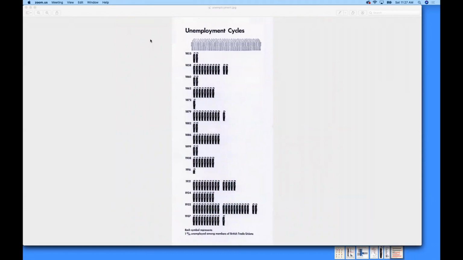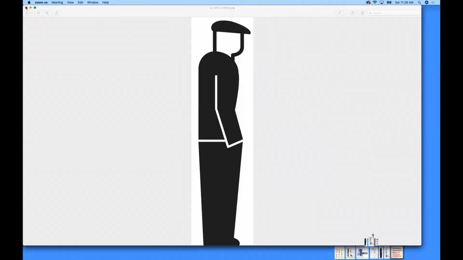The Isotype core team, which was Otto Neurath, Marie Reidemeister, who later became Marie Neurath, and Gerd himself, helped the reader to add up the numbers more easily by arranging them into groups of 10. Just look at that slouching figure of a depressed worker. It's very simple, but to my mind, it's a miniature work of art.